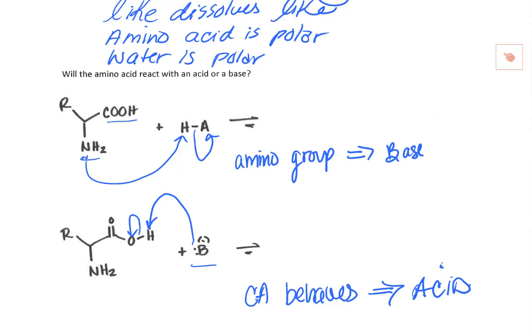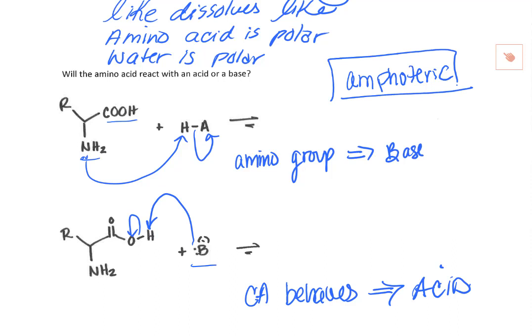So when a molecule can behave both as an acid and a base, we call this amphoteric. And an amino acid can do just that. You might be saying, well, why would we worry about this inside of the body?